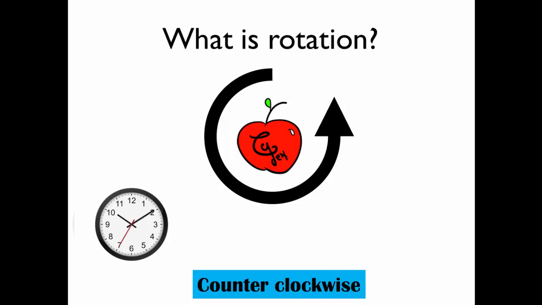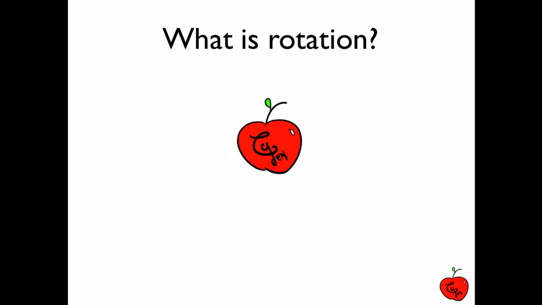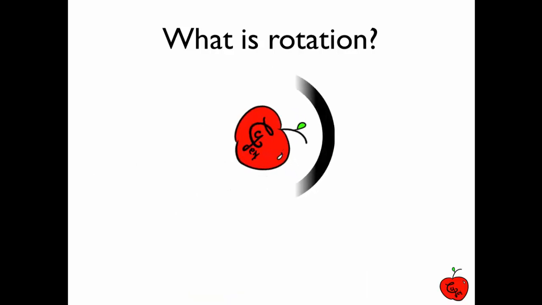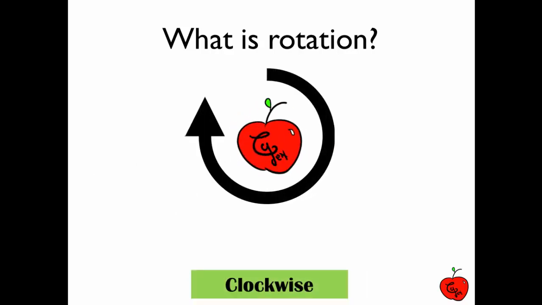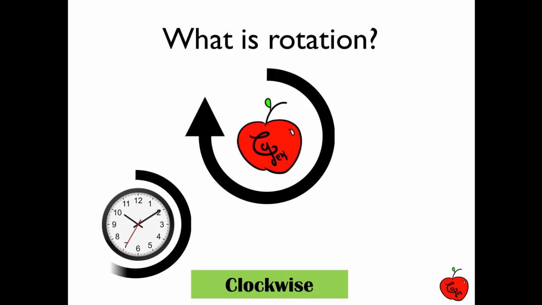Basically, counterclockwise means it's going in the opposite direction to which the clock hand usually goes. If it is going in the other direction, then we would say this is clockwise. It basically means that it goes in the direction in which the clock hand goes.